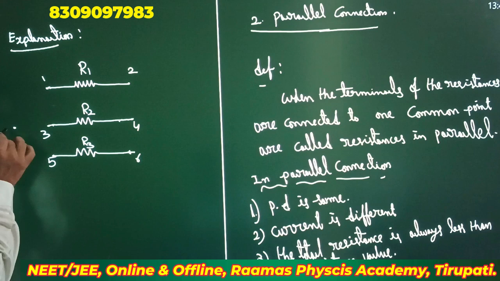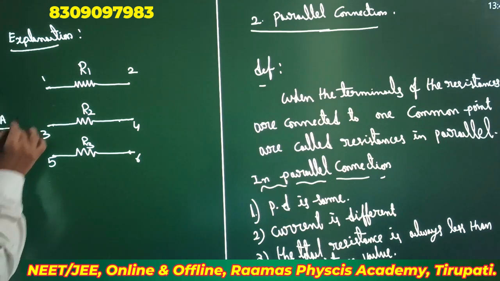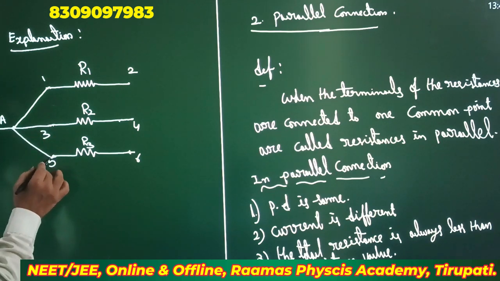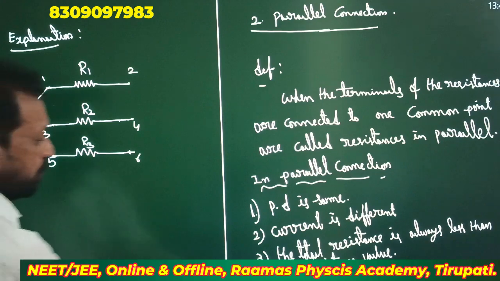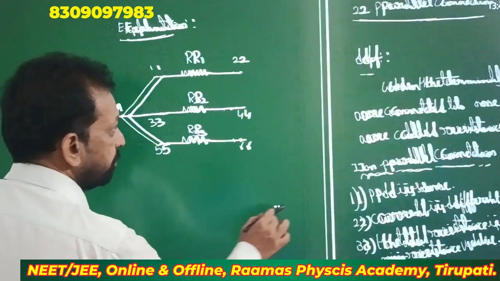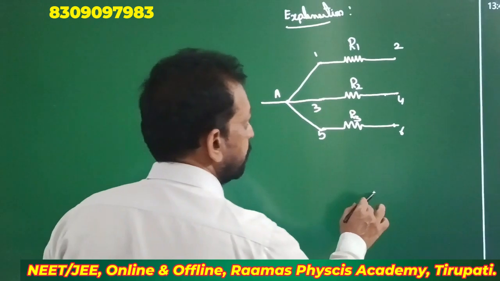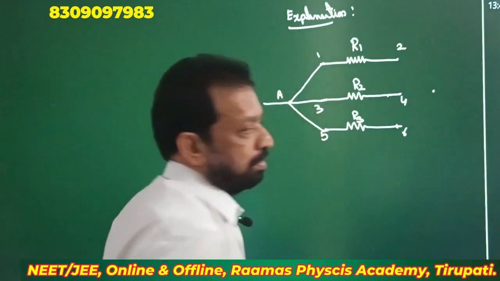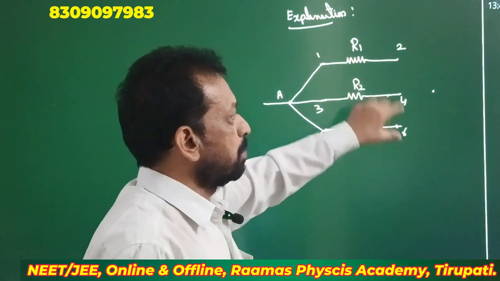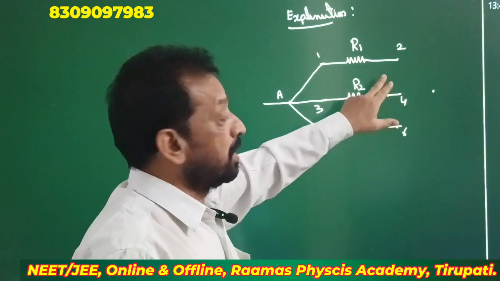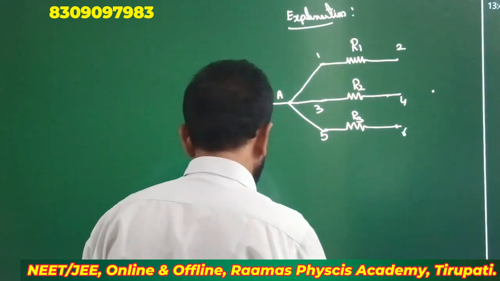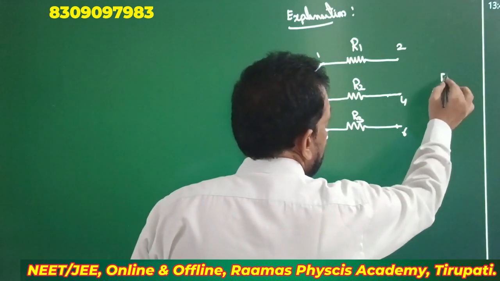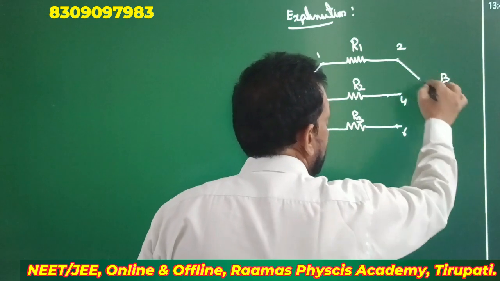I'll take one point here, A is the point. I'm joining these terminals together, so these are parallel. Now to complete this, with the open terminals, the potential is the same but the currents are different. You want to close it, then current flows. Now I can take point B here, and again join them.